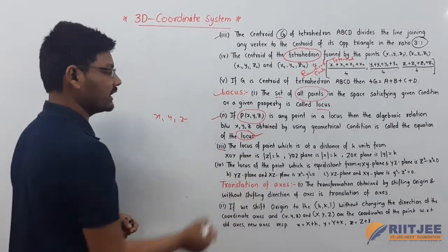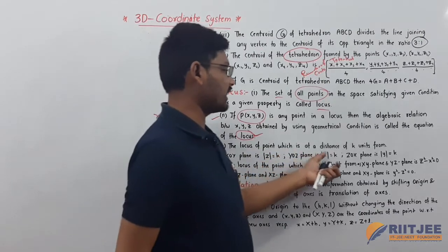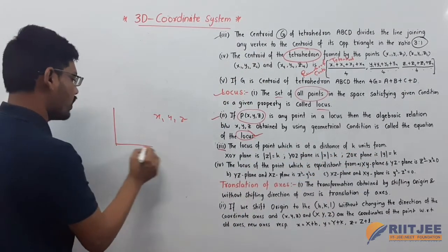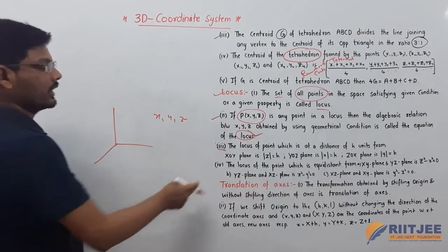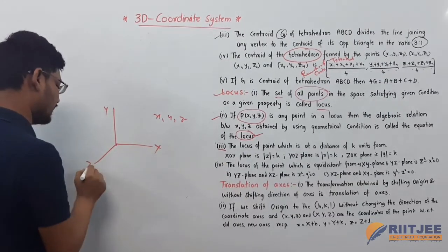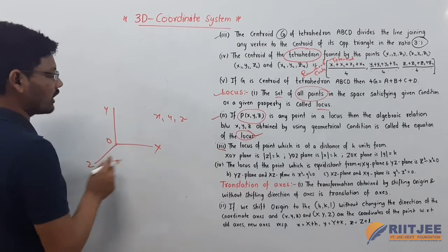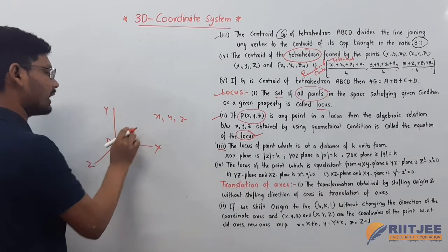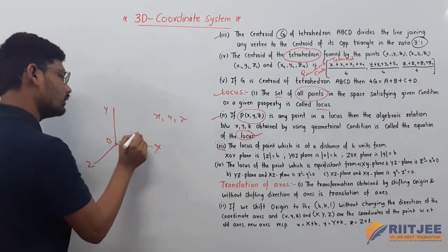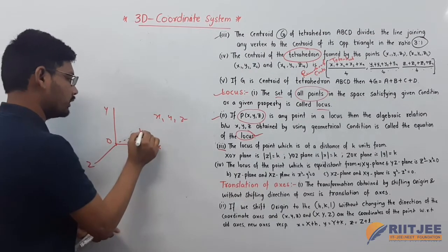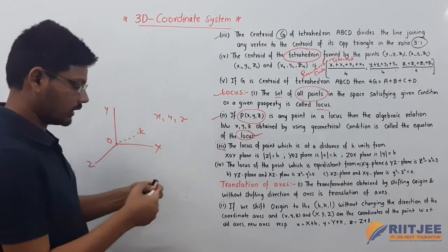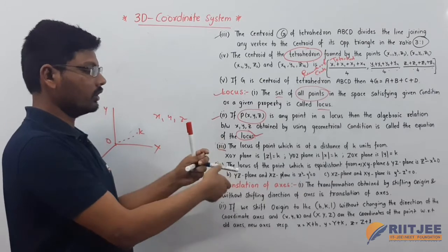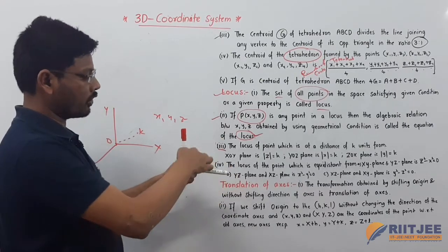The third point is the locus of a point which is at a distance of k units from the xy plane. Here x, y, z, this is the origin, the xoy plane. This is the 3D coordinate system, the xoy plane.